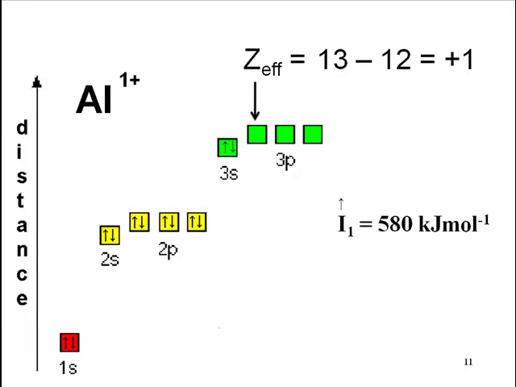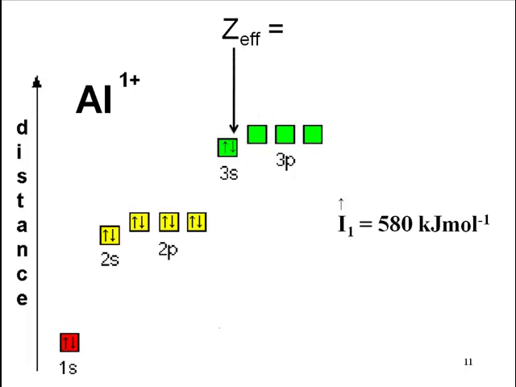When you remove that 1 electron, now when you remove the second electron, the Zeff changes to 13 minus 10. Now why is that? Because these are the outside now. So it changes dramatically. The Zeff goes up to plus 3.